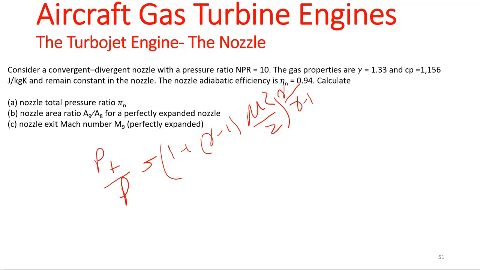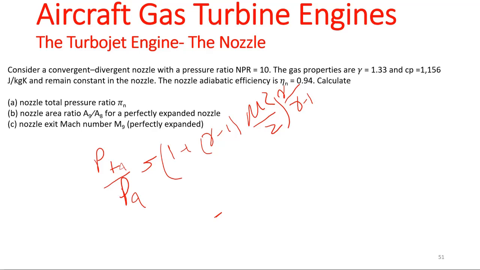Okay, what will happen to this equation if you apply it to station 9, your exit condition? What will happen to it? It will be PT9. It won't be 0.